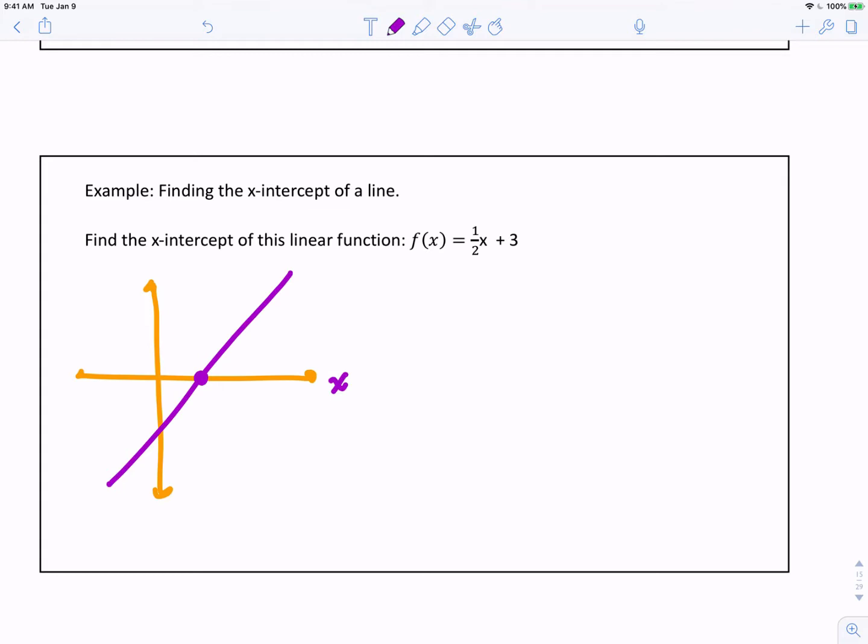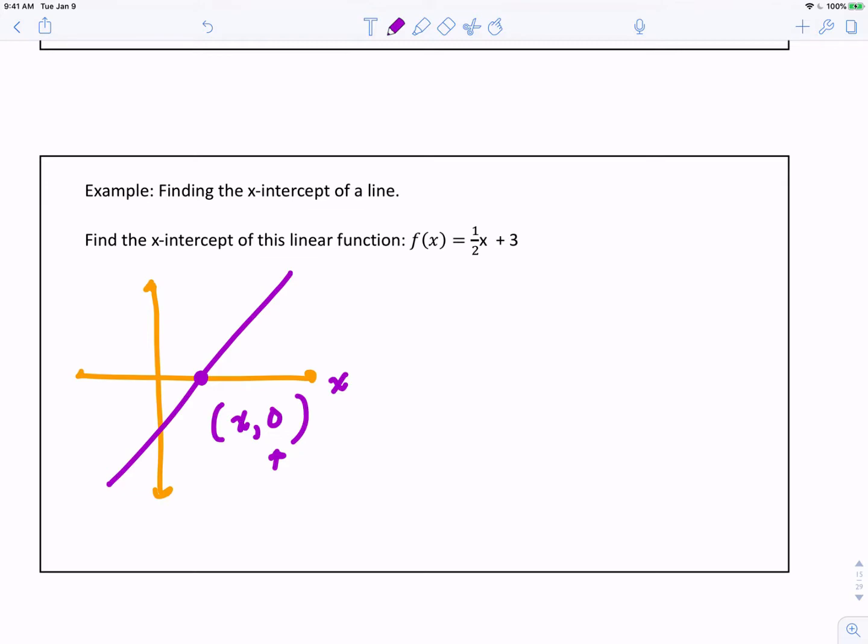And what do we know about the point where a line crosses the x-axis? We know that its coordinate will have to have a y-coordinate equal to 0. And so in order to find the x-intercept of a line, you simply substitute 0 for the output variable, f of x or y, and solve for x.